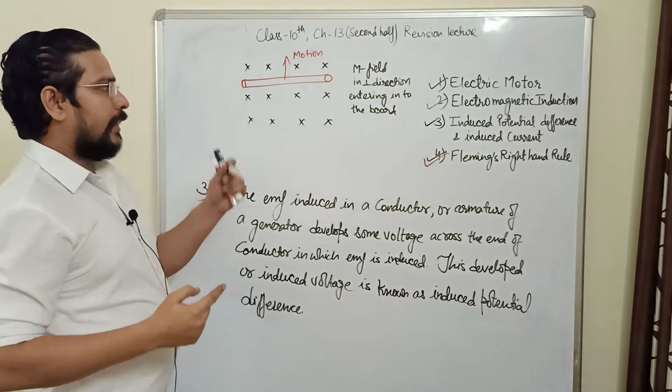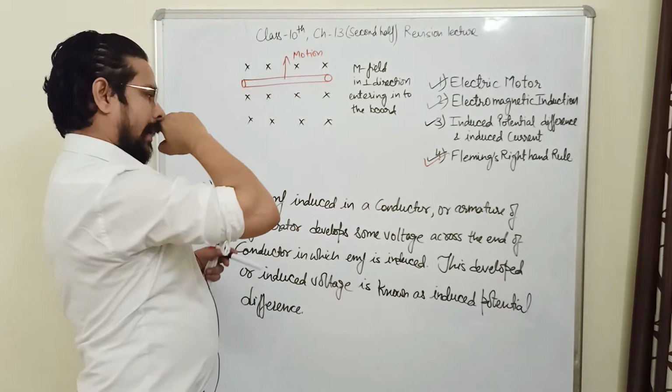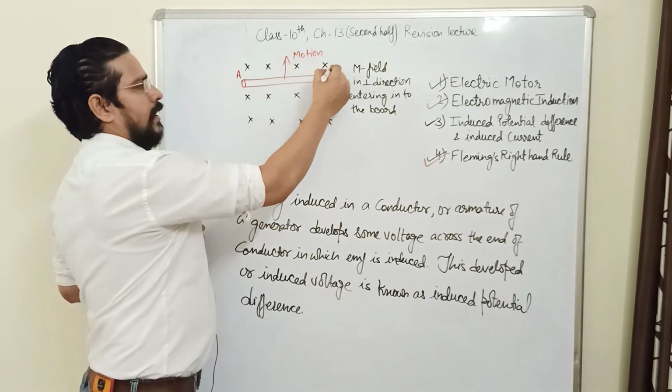So the direction of magnetic field is going like this, entering into the board, and motion of the conductor is in upward direction. Let us name the ends of conductor A and B.